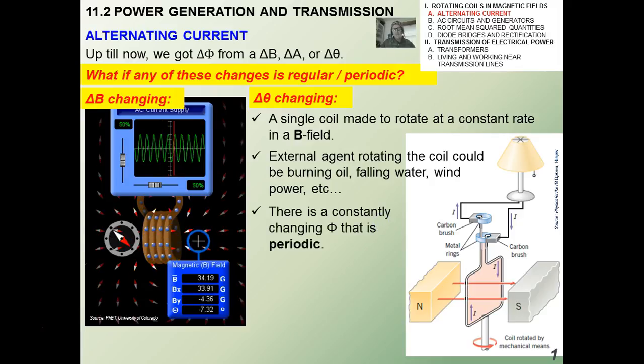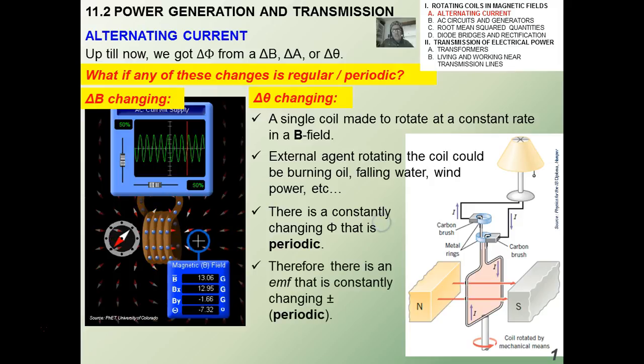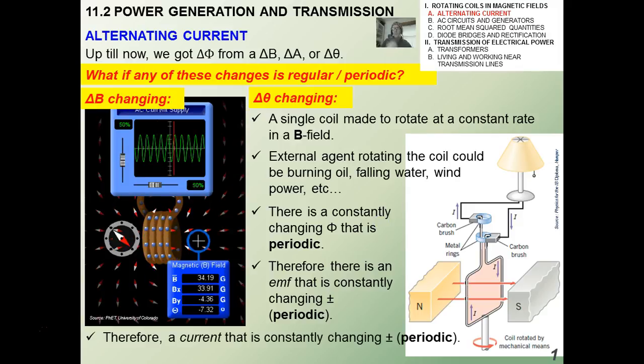We'll talk more about that later. The point is that there is a constantly changing magnetic flux that is periodic. Therefore, there is a potential difference or an EMF in that wire that is constantly changing plus and minus, and that's periodic. And it turns out that the period and frequency of that changing EMF is the same as the actual physical rotation of that loop.